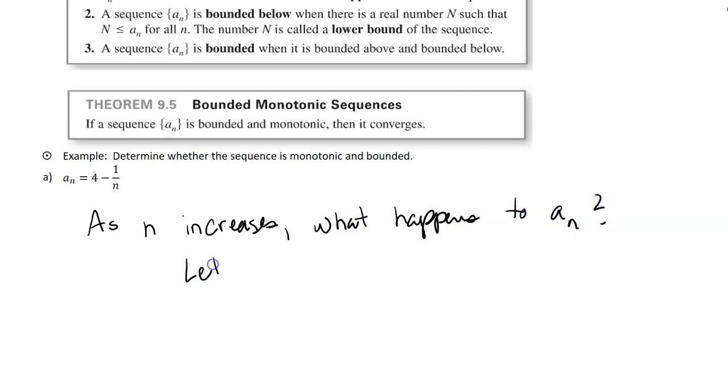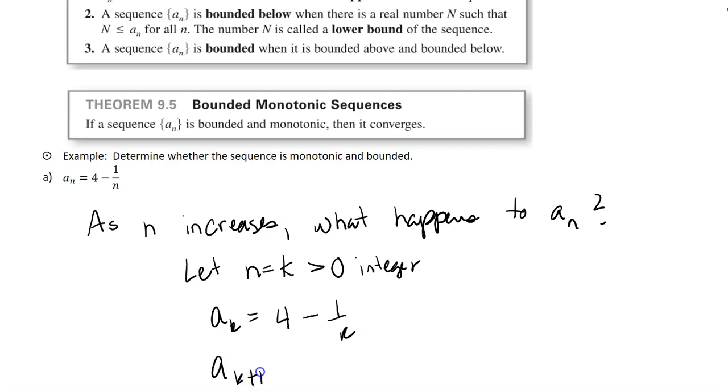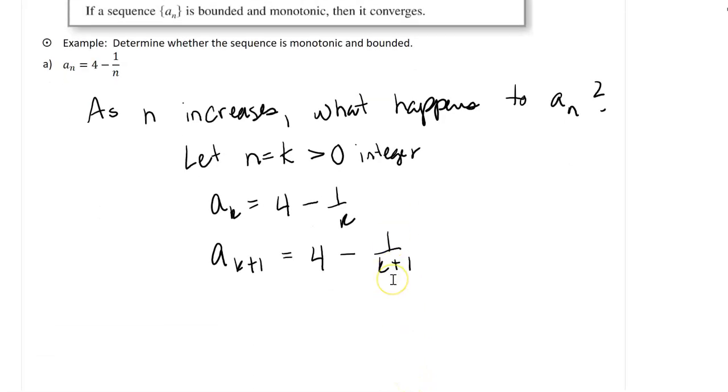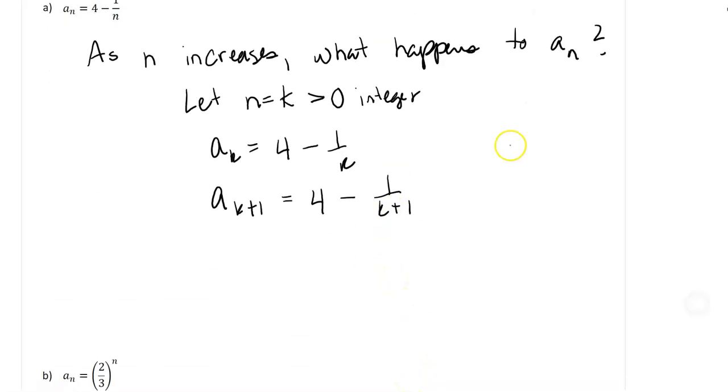Well, if we let n equal some number k, which is just going to be a positive integer, then a sub k will be 4 minus 1 over k. And if I were to plug in k plus 1 for k, this would be 4 minus 1 over k plus 1. Okay? Now obviously k is less than or equal to k plus 1.